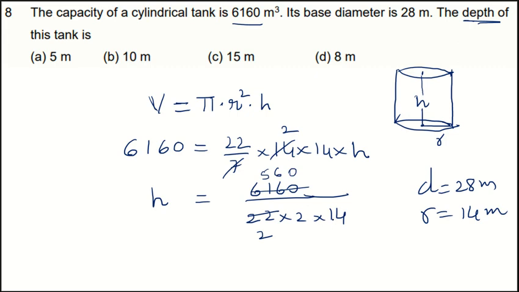Now, further 14 1s are 14, 14 4s are 56 and 0 comes as it is. Now, we have this 2 cancelling for 20 times, this 2 cancelling for 10 times.